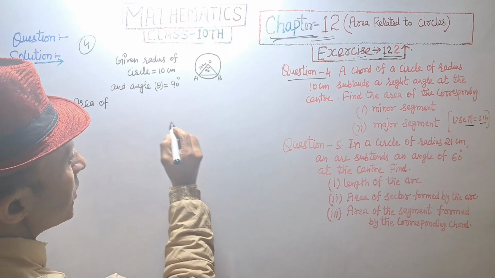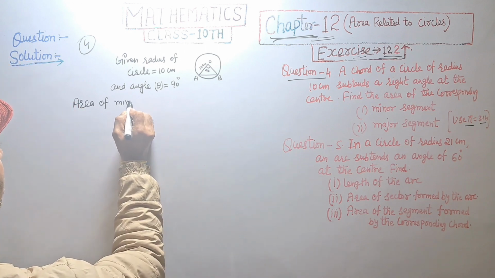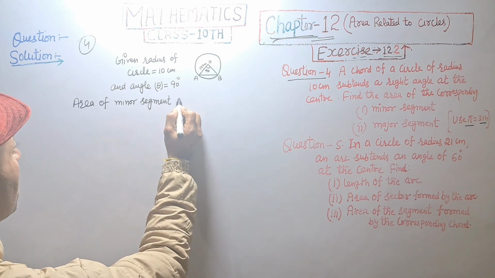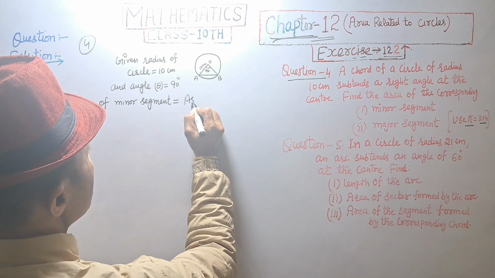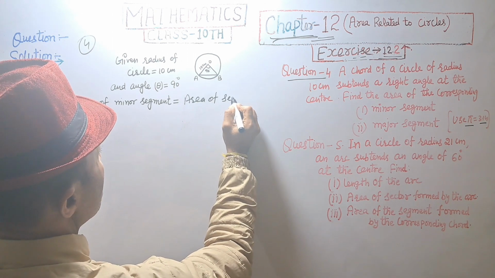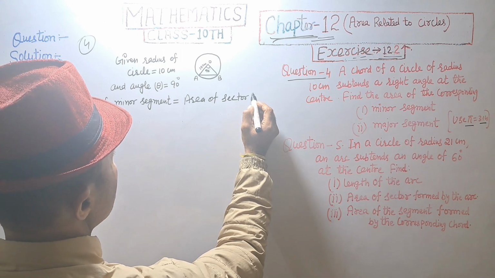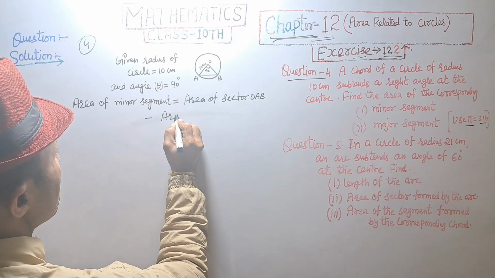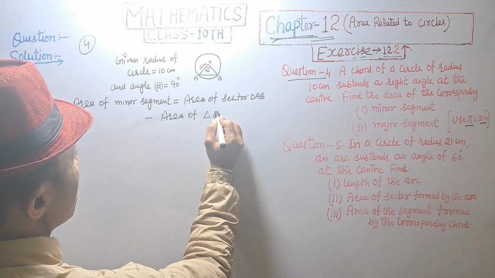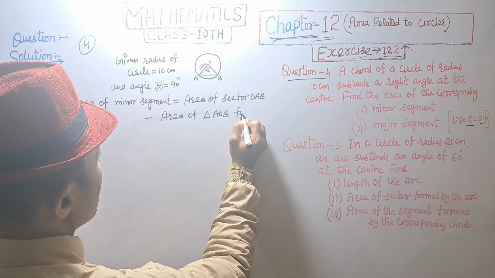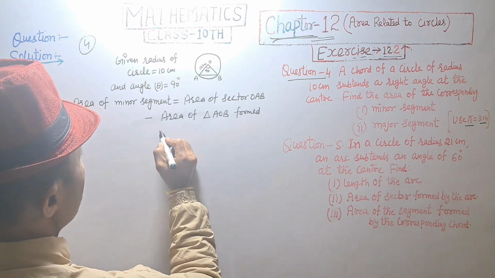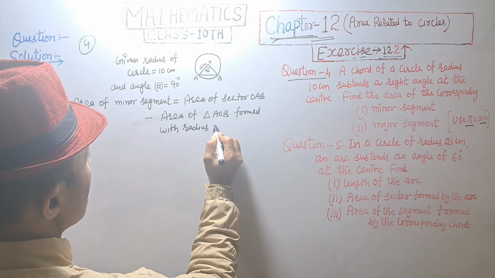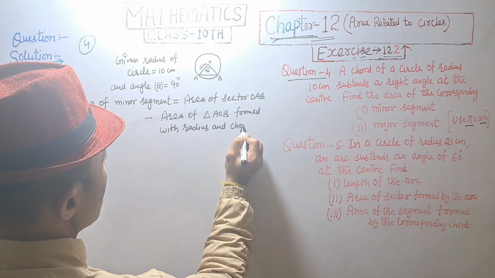Area of minor segment is equal to area of sector OAB minus area of triangle AOB formed with radius and chord.